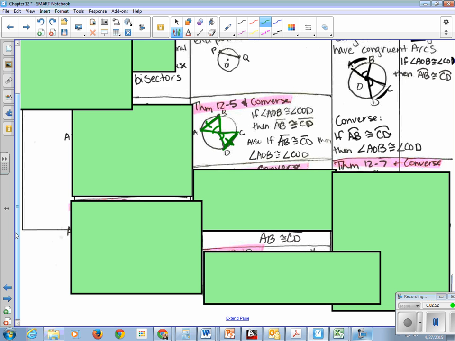And the converse of that is true. If my two line segments are congruent, then I know my angles are congruent.